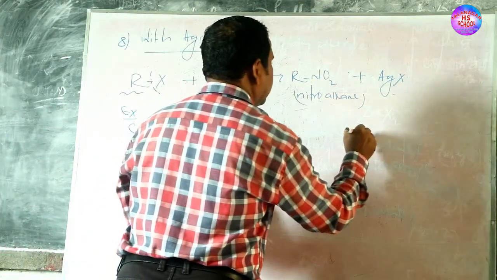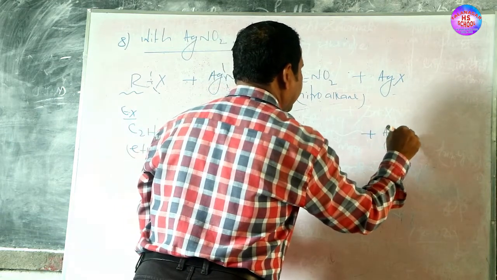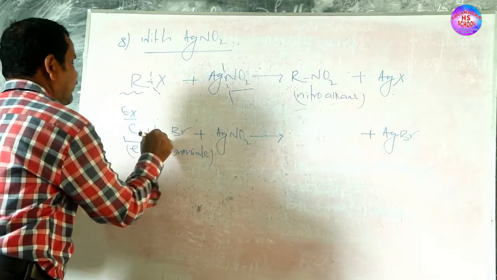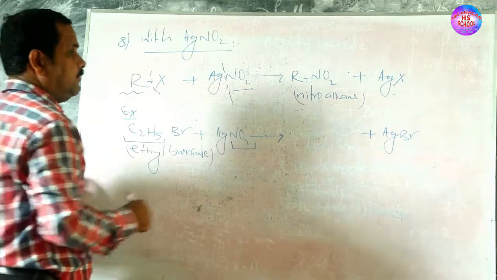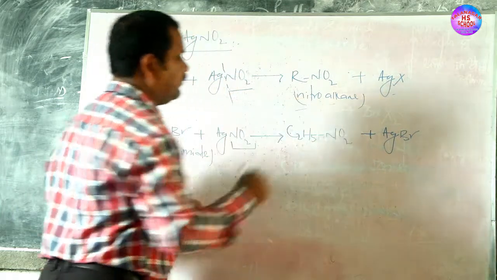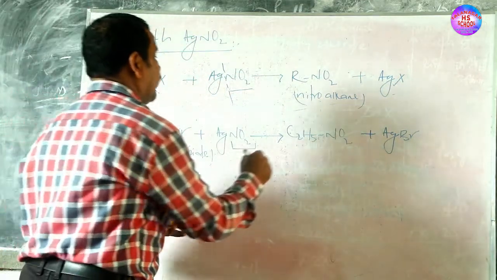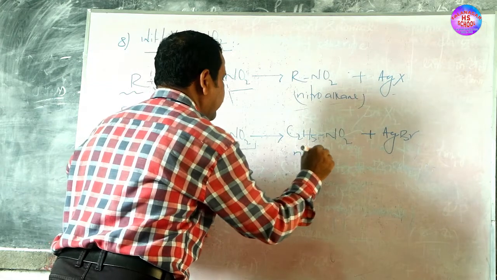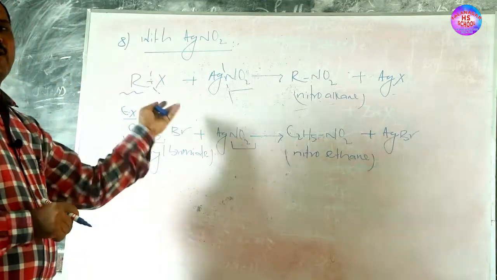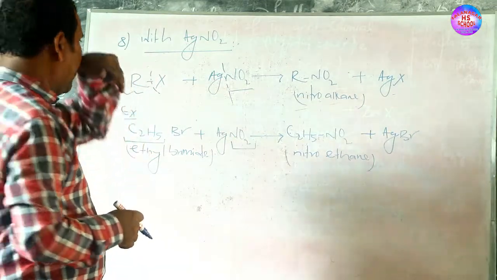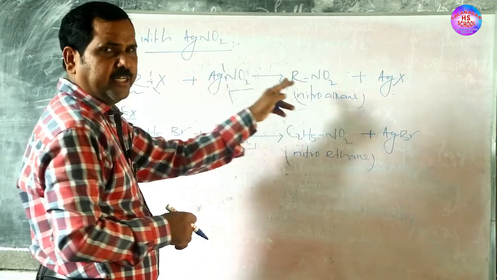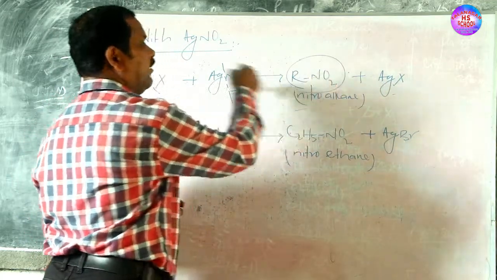It gives silver bromide AgBr and C2H5–NO2. It is called as nitroethane. We get the corresponding nitroalkane. So in this reaction, an alkyl halide reacts with silver nitrite to produce the corresponding nitroalkane.